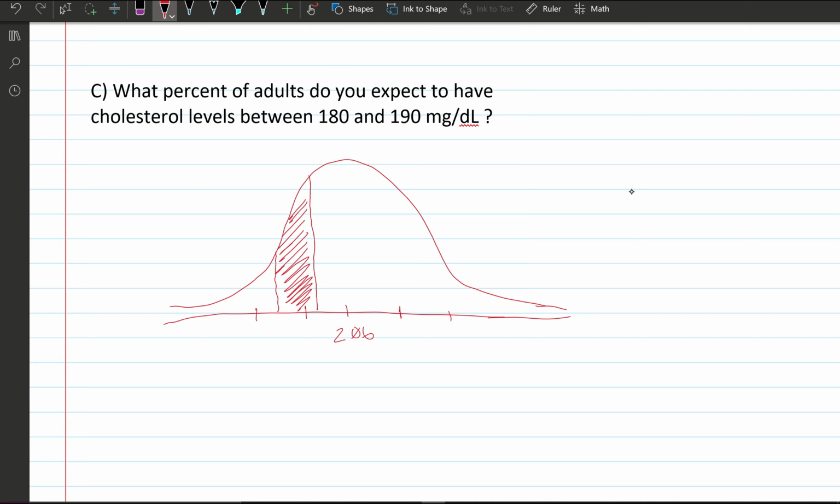So that's between 180 and 190. Drawing that helps me understand the situation better.